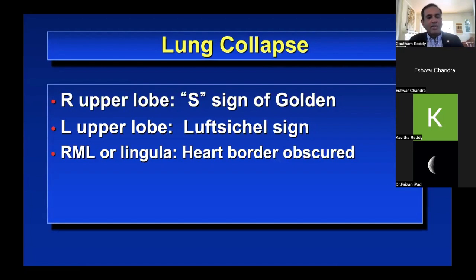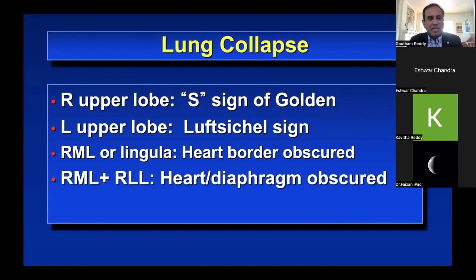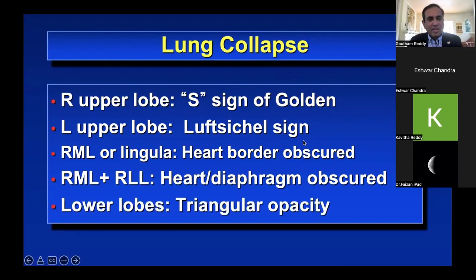If the right middle lobe or lingula is collapsed, we see heart border obscuration, and then sometimes we see right middle and lower lobe collapse because the bronchus intermedius is involved, in which case the heart and diaphragm will both be obscured on the right side. And in the lower lobe, especially the left lower lobe, look for a triangular opacity, and that indicates collapse.